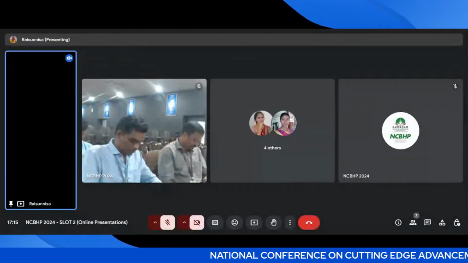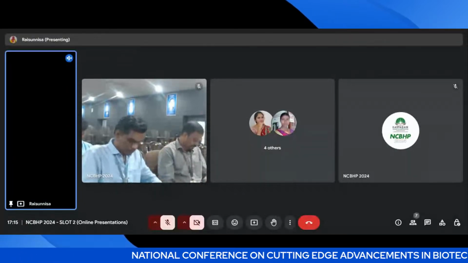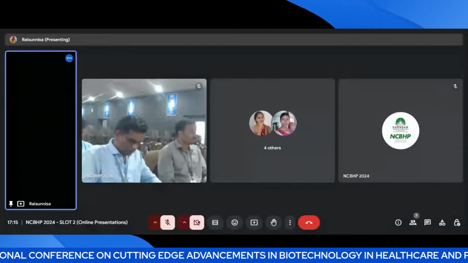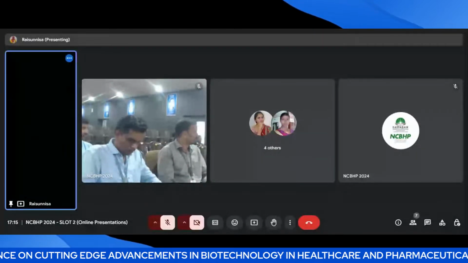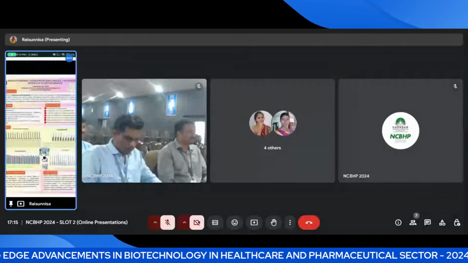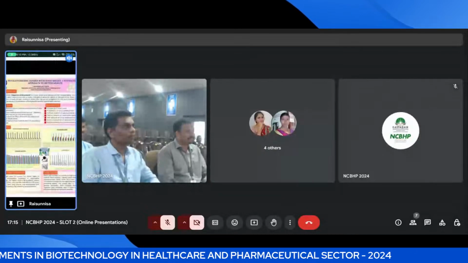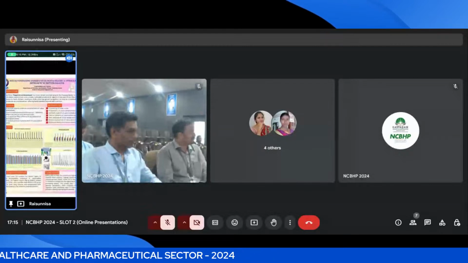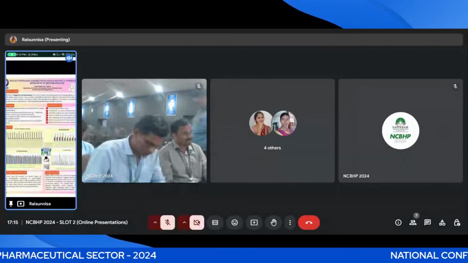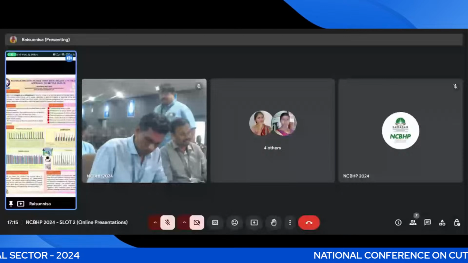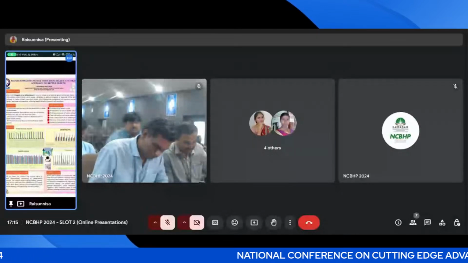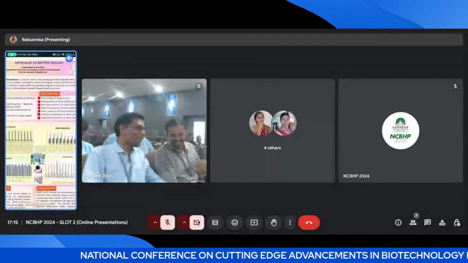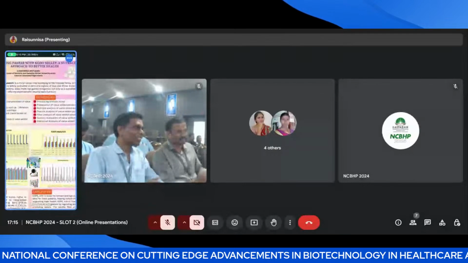For nutrition analysis, we analyze the protein, fat, ash, pH, moisture, and yield. For textural analysis, we analyze the textural profile of paneer using the TVT 6700 analyzer.